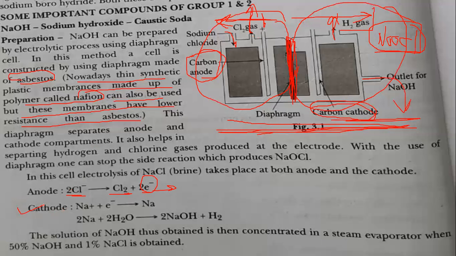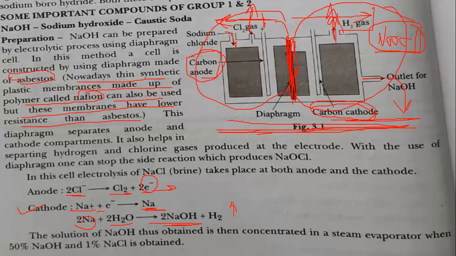Now at the cathode side, the sodium ion, or sodium cation, combines with an electron to form sodium. Then the sodium reacts with water molecules to form sodium hydroxide, and there is liberation of H2 gas from the above side.